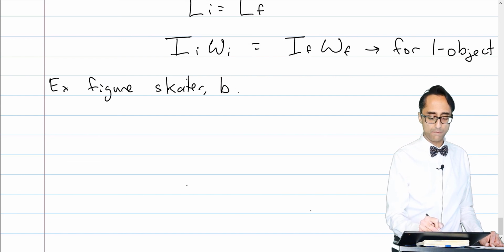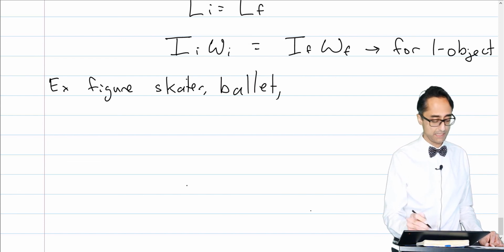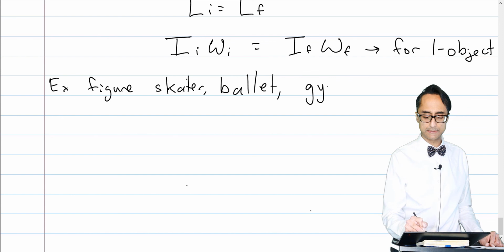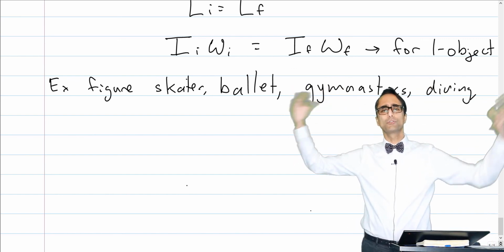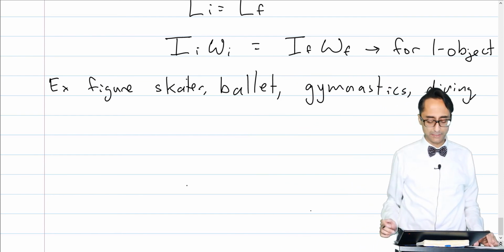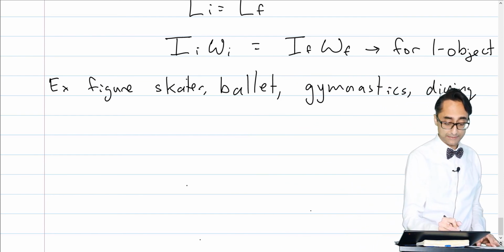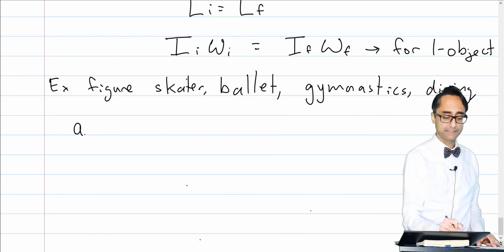And the same thing happens in ballet, gymnastics, diving. There's so many examples of it. You ever see those skiers? They go off the jumps and then do all those tricks in the air. That's another really, really good example of it. Another great example of it is gas clouds.